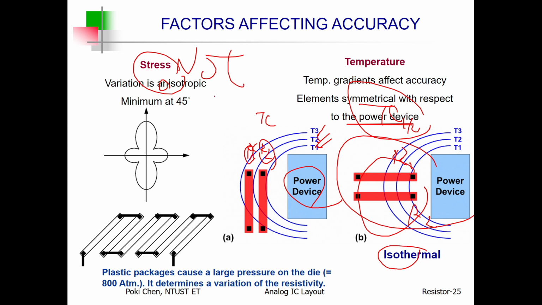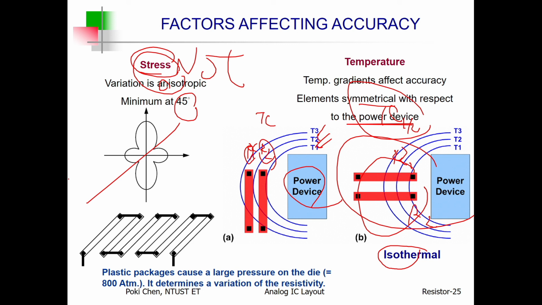So it means along different angles, along different direction, the resistance will be also different. According to stress, in which direction you can get the minimum impact from such kind of stress? Yeah, along 45 degrees.